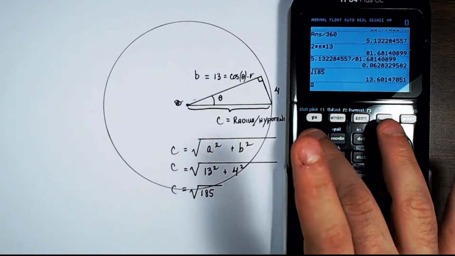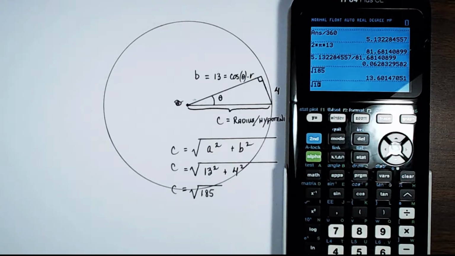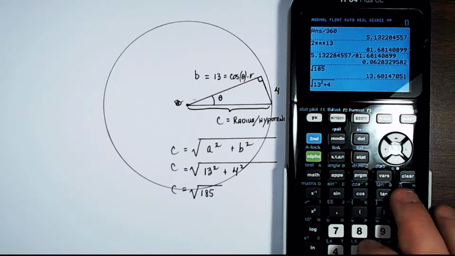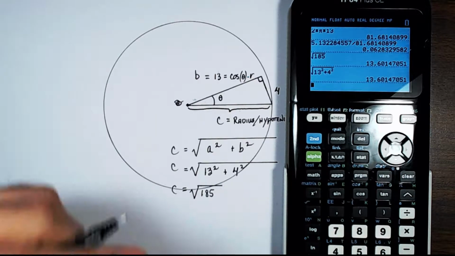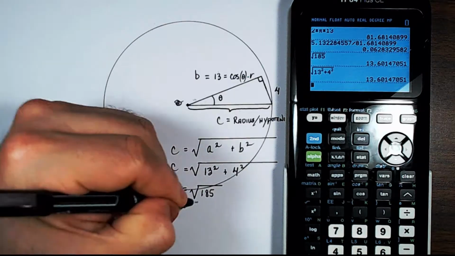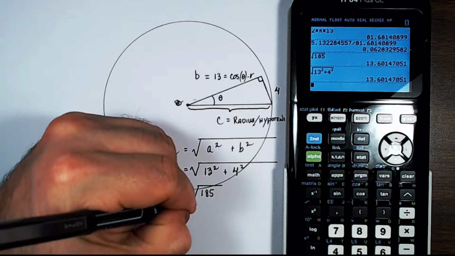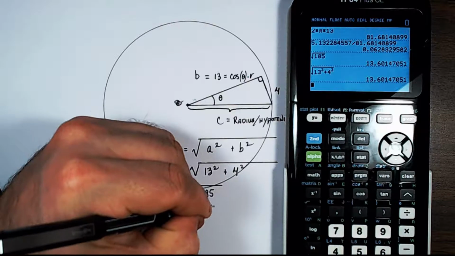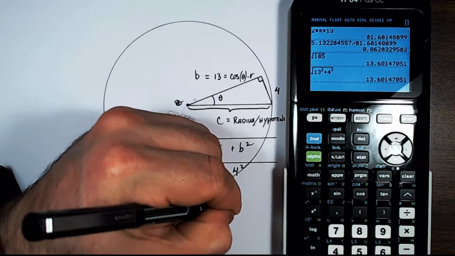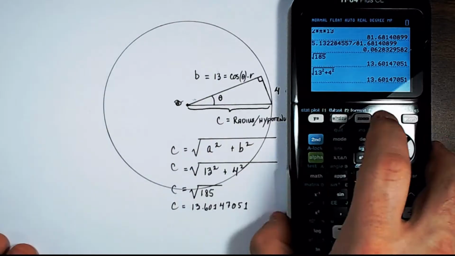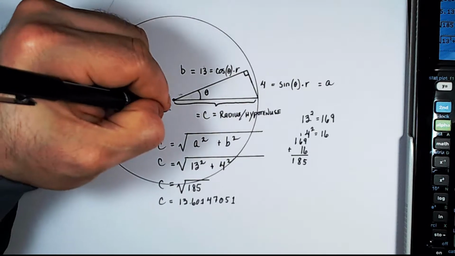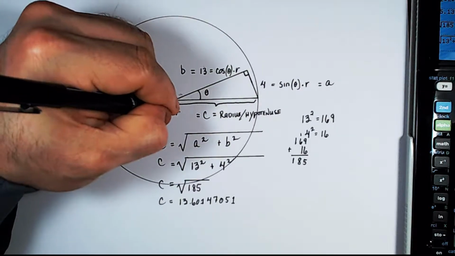Now let me double check that that is in fact the square root of 13 squared plus 4 squared. Okay, verified. So in this case, C, or the radius of this circle, is 13.60147051. So this is equal to 13.6. We'll just round it.